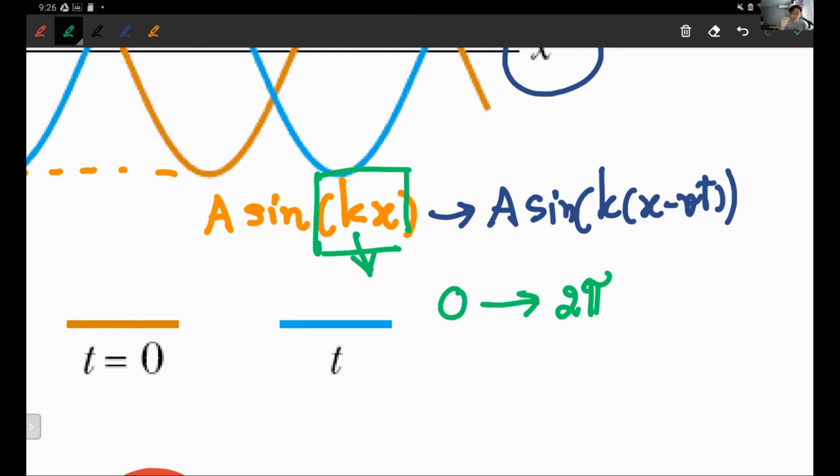So the 2 pi inside the sine represents one full cycle change in the angle.